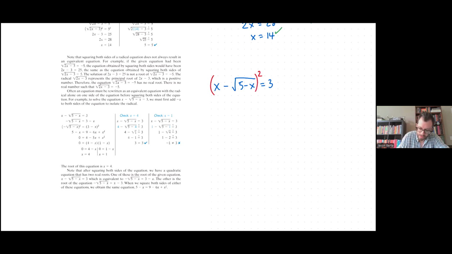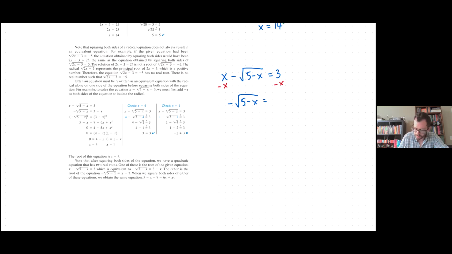Instead, we're going to move the x by subtracting x from both sides. And that's going to give us negative square root of 5 minus x equals 3 minus x. At this stage, now we have the radical isolated. We can square the left side.